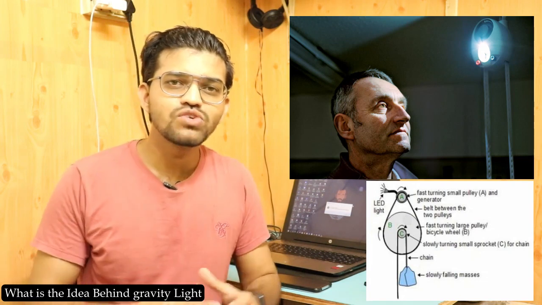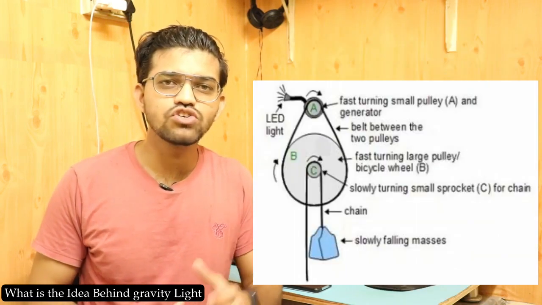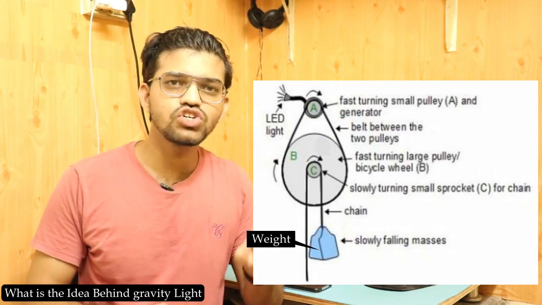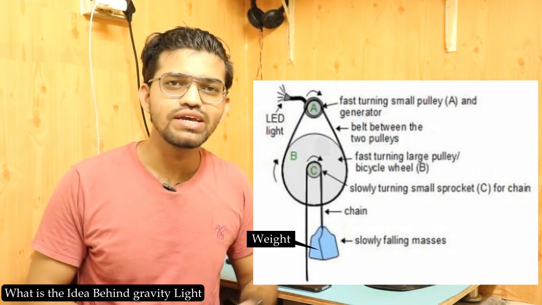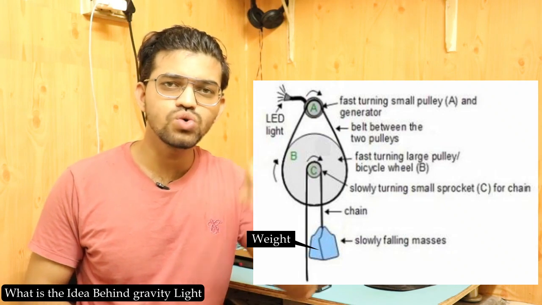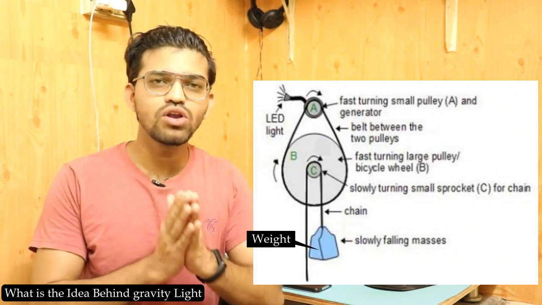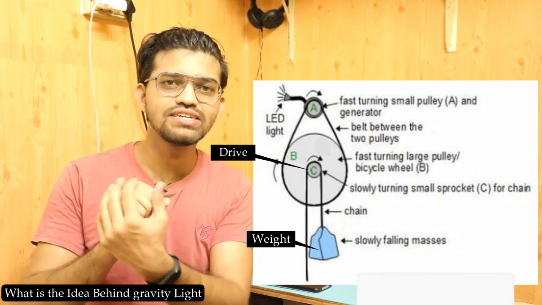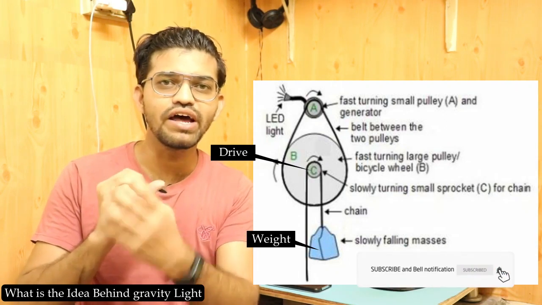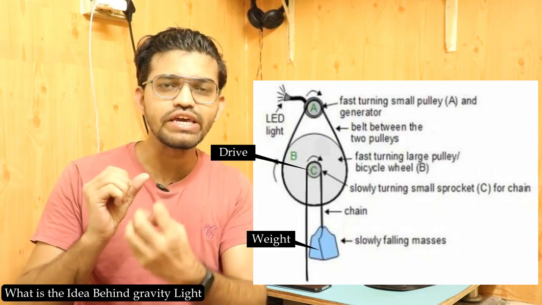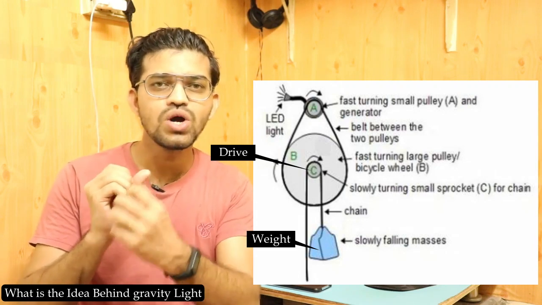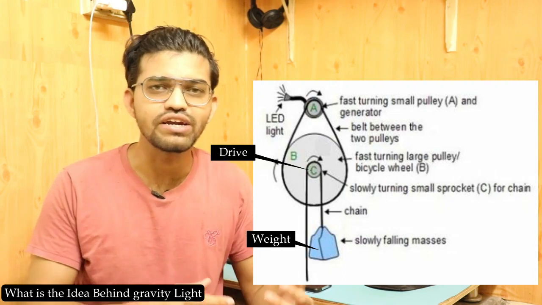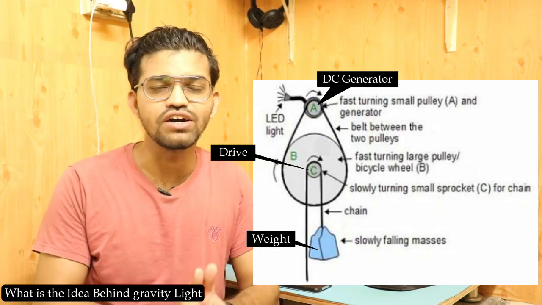So how does it work? In the case of the gravity light, there is a weight of around 12 kg. That weight is attached to a strip, and that strip gets attached to a drive. This drive has an arrangement of different gears which changes the gear ratio, and the output from the gear is connected to the generator, called the DC generator.